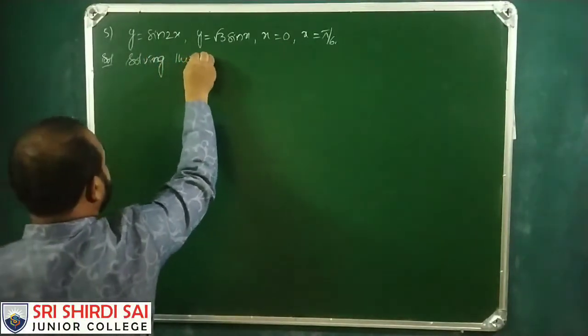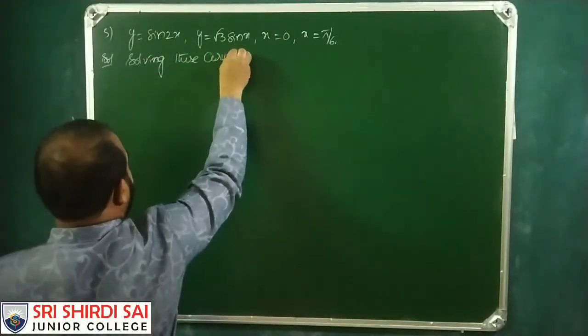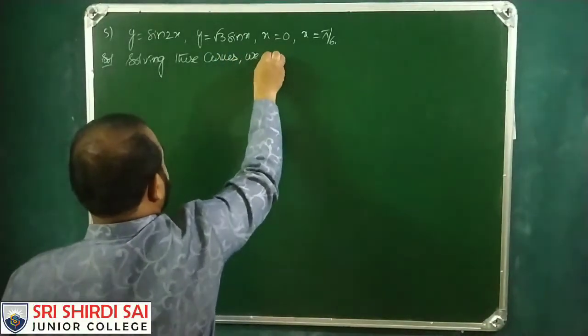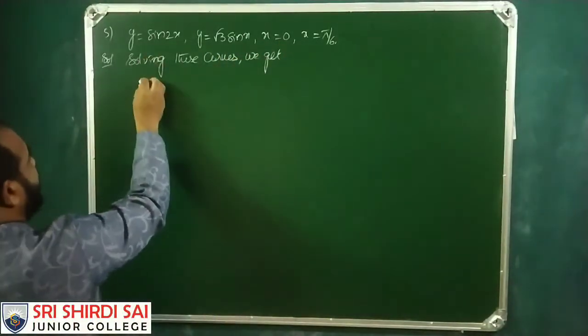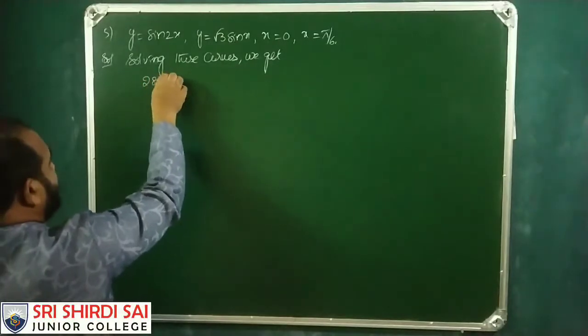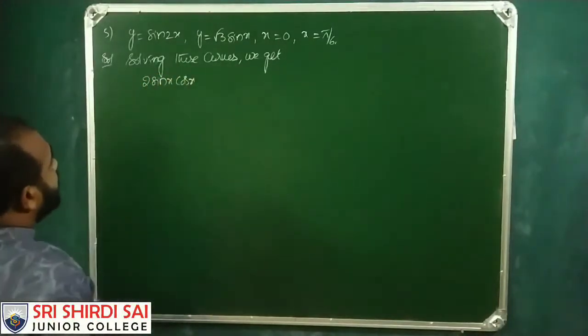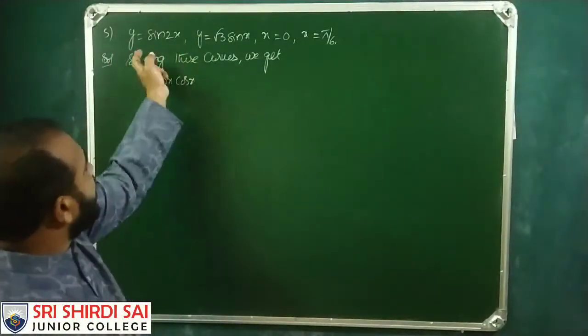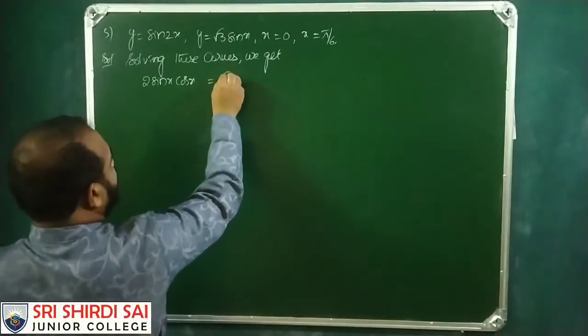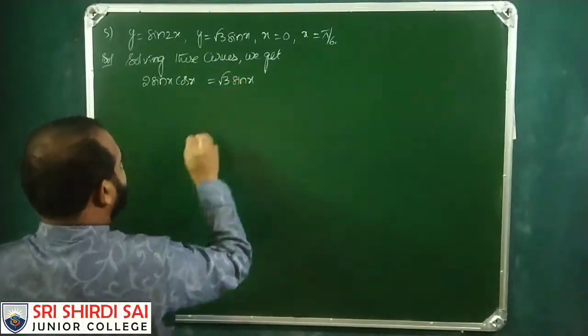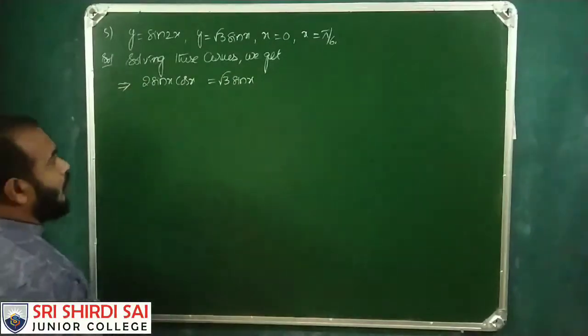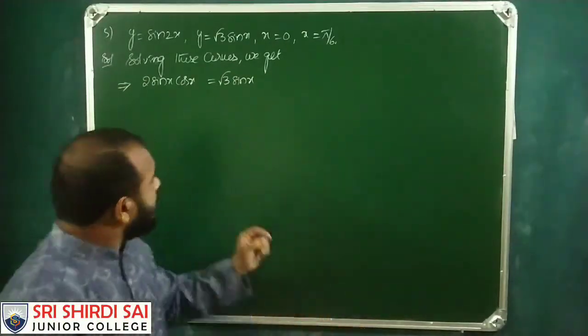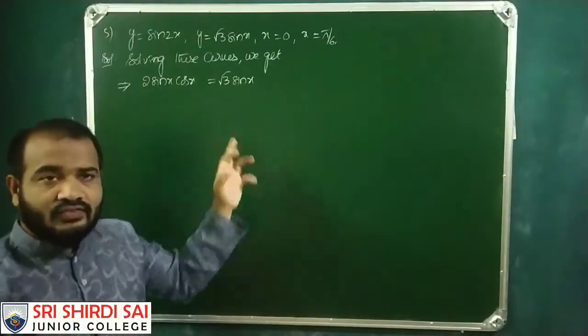these curves, we get sine 2x is 2 sine x cos x. Since both are y, we can equate them: this equals root 3 sine x. I've been telling you not to cancel sine x on both sides.